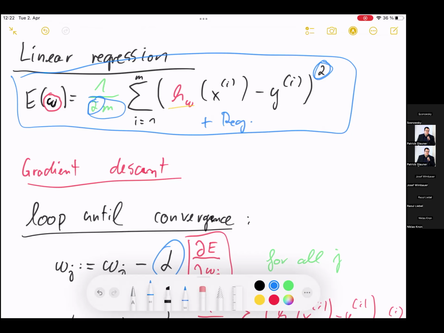What often would be done is, for example, adding a sum of all these parameters. For example, it could be something like this. I go through from j, from 1 to n. So I go through all these parameters and I take the weight j. Sometimes I square them, or I take the absolute value, depending on if you do L2 or L1 regularization.